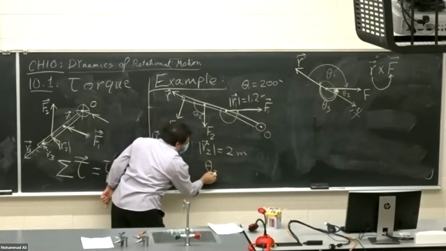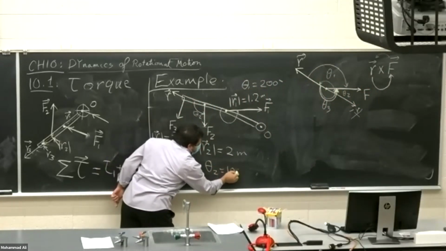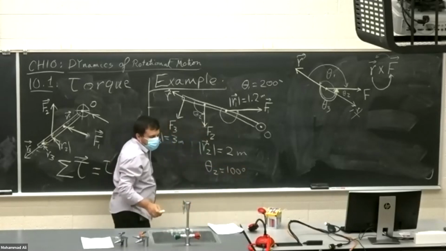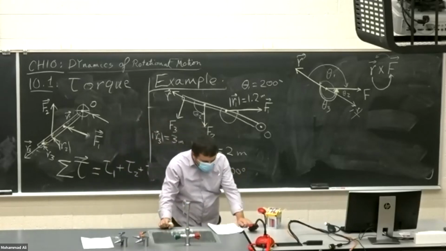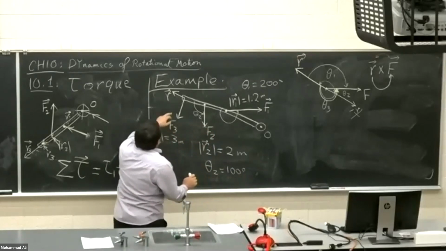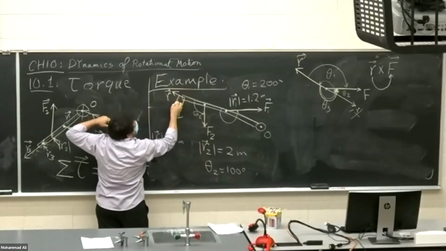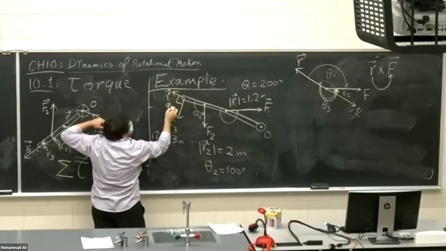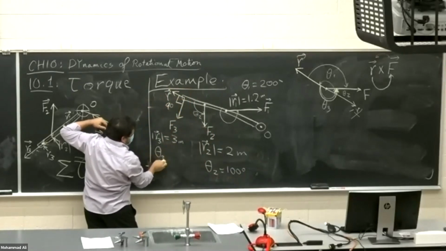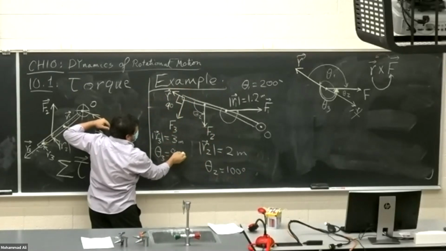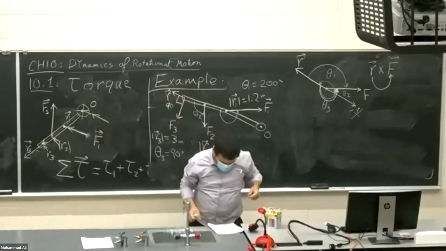Theta 2 is 100 degrees. What about theta 3? This is R and this is F3. It is given. It is 90 degrees. Theta 3 is 90 degrees. Right? Yes.